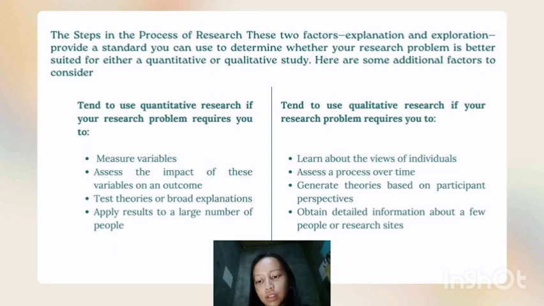While in qualitative research, you will use qualitative research if your research problem requires you to learn about the views of individuals, assess a process over time, generate theories based on participants' perspectives, and obtain detailed information about a few people or research sites.